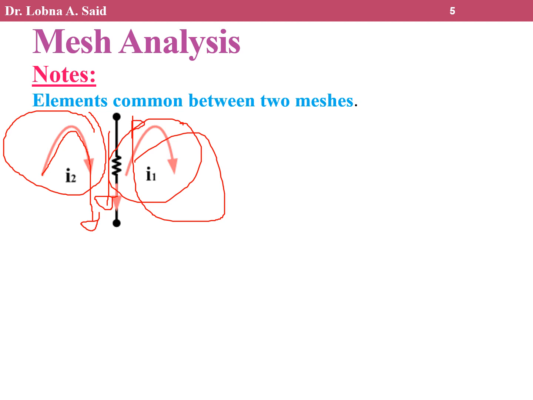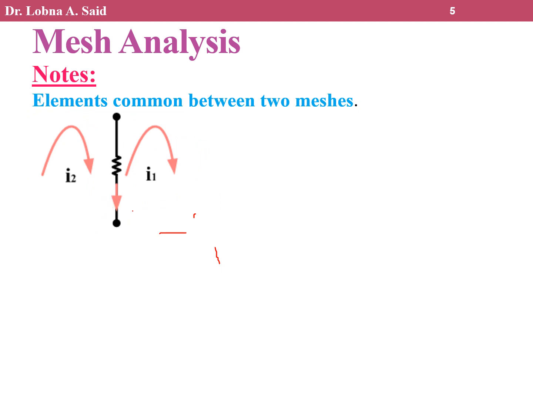So this intermediate element has a current in the same direction as I2, which means that I2 is the dominant current. So I can say that this current is I2 minus I1. Why can I say that? Because eventually I2 is the dominant current, since the total current was in the direction of I2. Okay, we will write it.